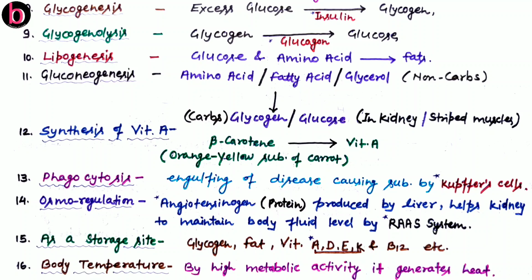Along with this, liver also stores blood, water, a number of minerals like iron, copper, potassium, etc. The last one is about regulation of body temperature. The metabolic activities going on inside the liver cause generation of heat, and this heat is also responsible for regulation of body temperature of humans.